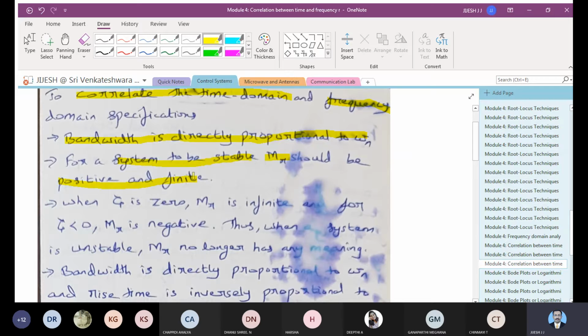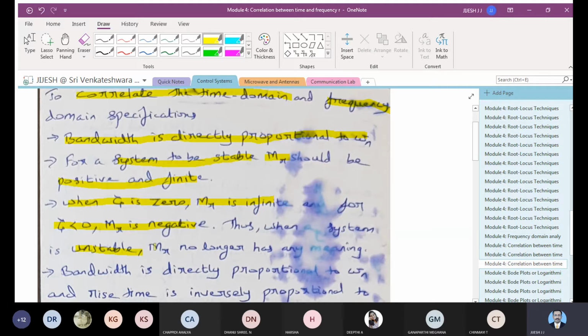MR should be positive and finite. And next, when zeta is 0, MR is infinite, and for zeta less than 0, MR will be negative. Thus the system is unstable.